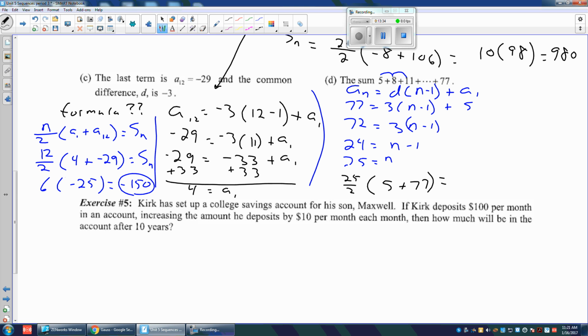And let's see if we're actually going to get a decimal here. We're adding up integers, and so I better not get a decimal. I better get a positive or negative whole number. So what is 12.5 times 82? 1,025. Beautiful.